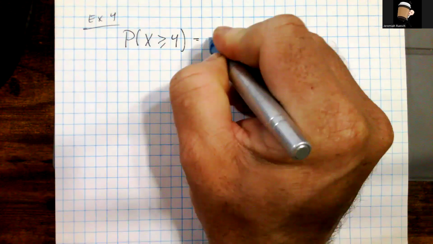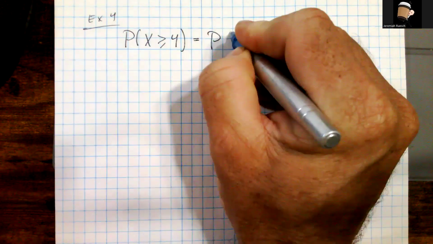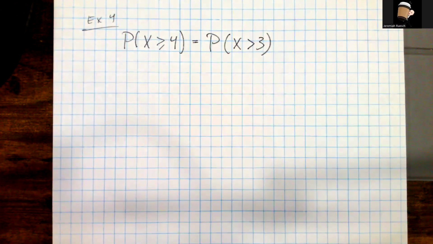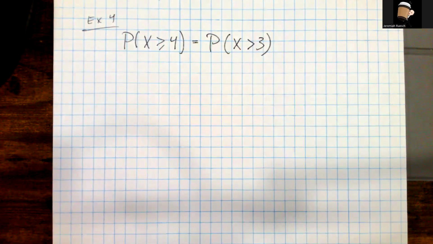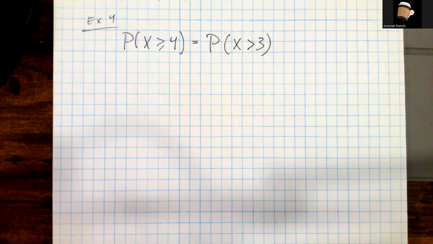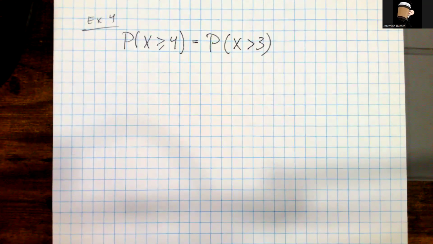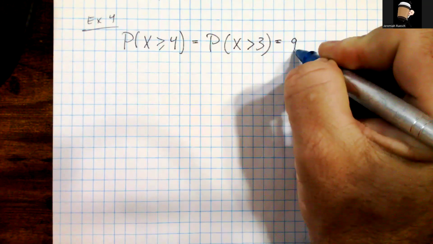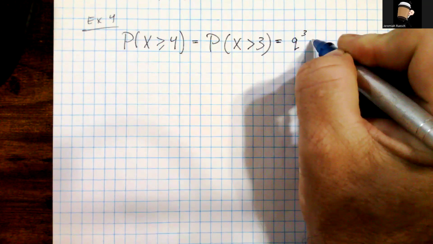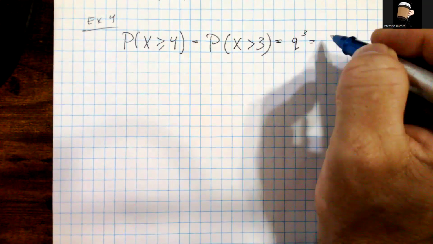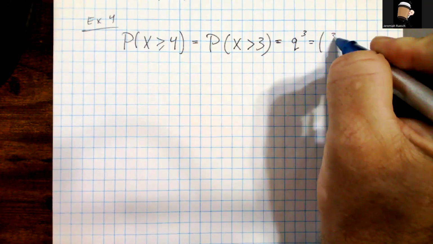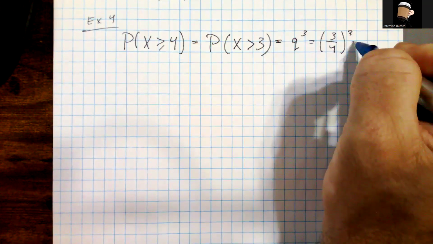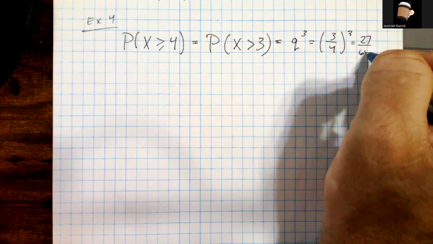Which is strictly the probability that x is greater than 3. And so the probability of x being greater than 3 is going to equal q to the third, the probability of not. So you're going to get 3 out of 4 cubed, which is 27 over 64.